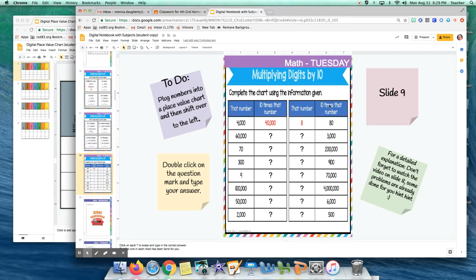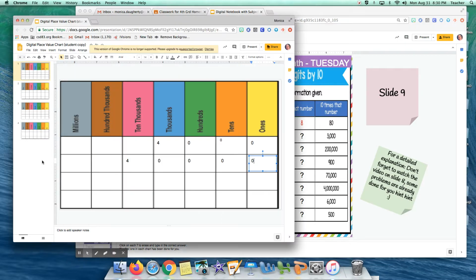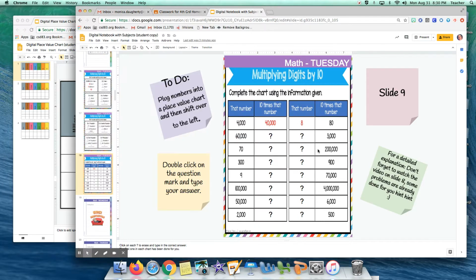Let's do the same thing with the 8. Actually, you know, they did this backwards. So we're going to plug in this number, 80. I always start with my ones, which is 0, and 8 in my tens. And this time, we have to figure out this number.